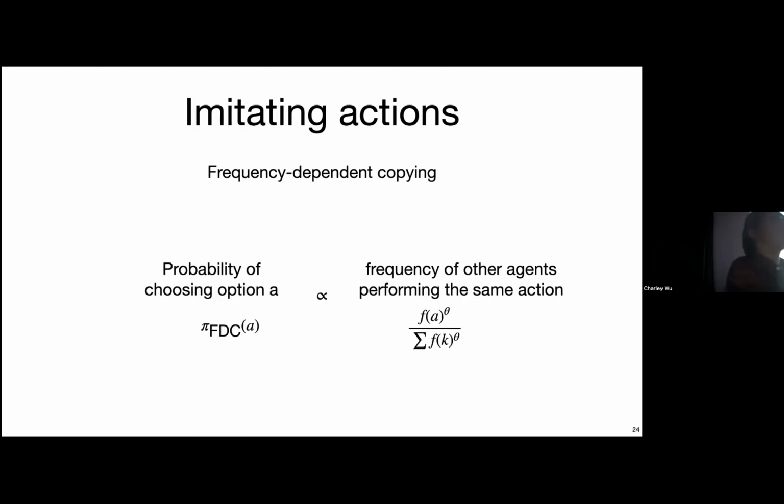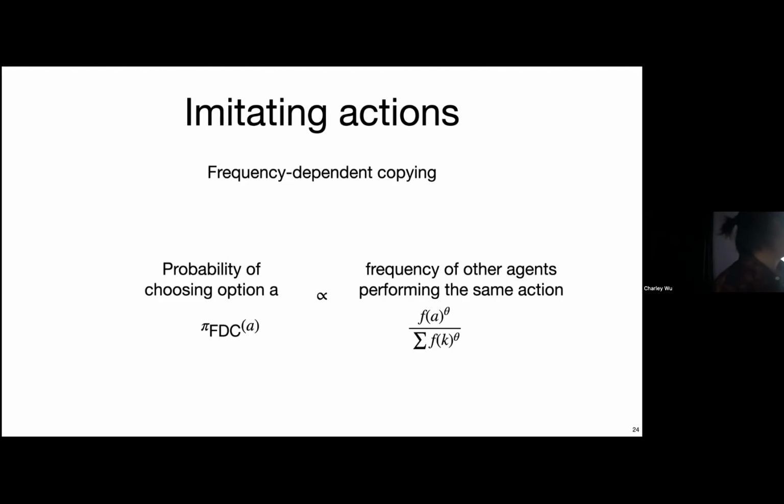We humans and many other animals tend to have a bias towards copying the popular option, the option that is chosen by many other individuals. So this is frequency dependent: the choice probability is impacted by this social frequency information. This is why it is called frequency dependent copying behavior.